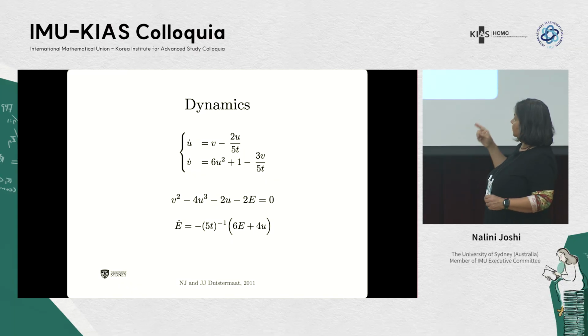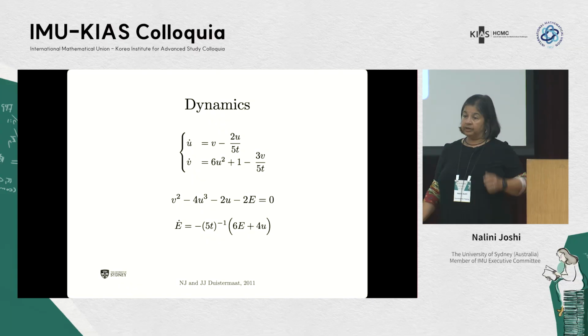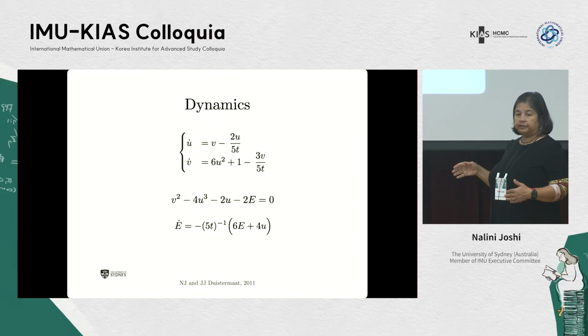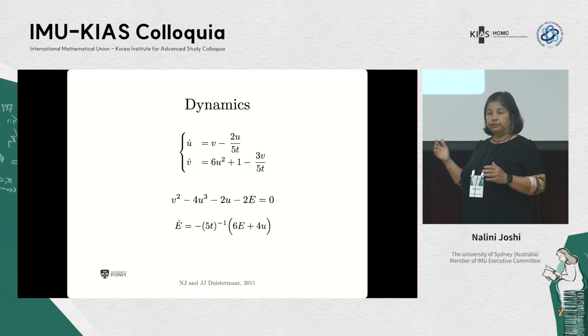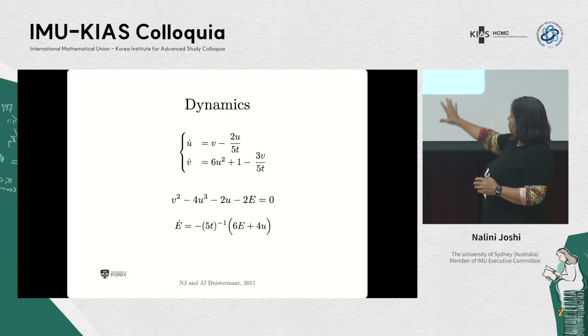And in fact, what I have here is a version of the first Painlevé equation. It's exactly the first Painlevé equation, but in a different system of coordinates that was actually given by Painlevé's student Boutroux more than 100 years ago now. We've just formulated it in a different way.